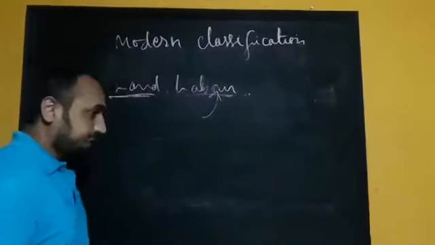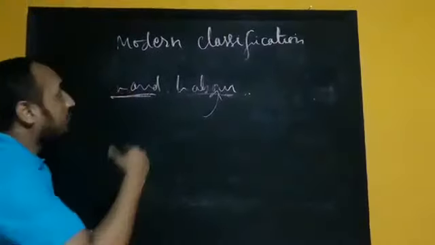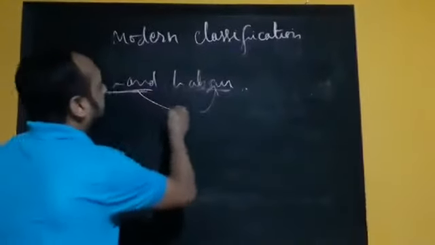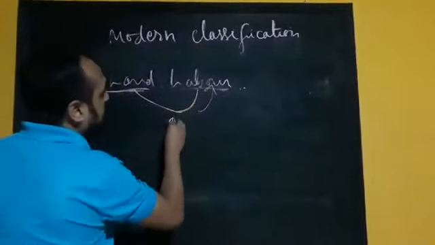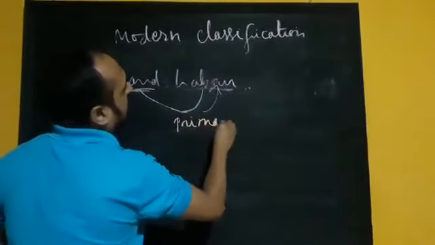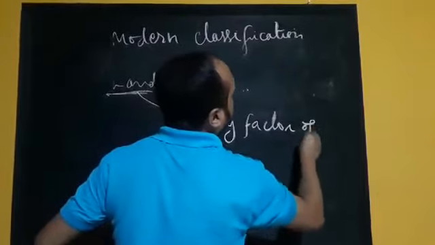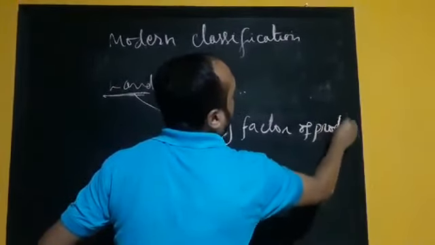Okay, so in the case of this modern classification, land and labor are considered as primary factors of production.